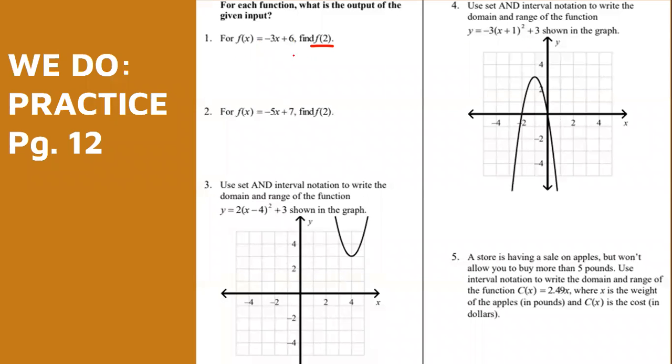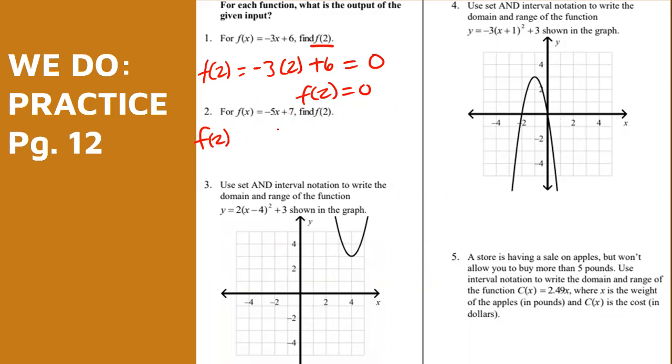So on here, we have f of 2. So f of 2 means that I'm plugging in 2 for x. So I end up with 0. So my answer is f of 2 equals 0. Easy. Okay, again, f of 2.